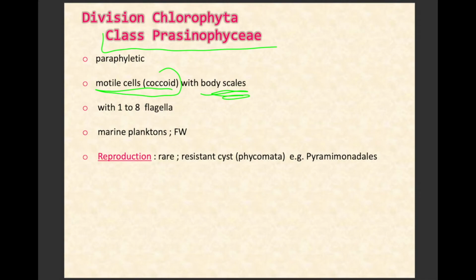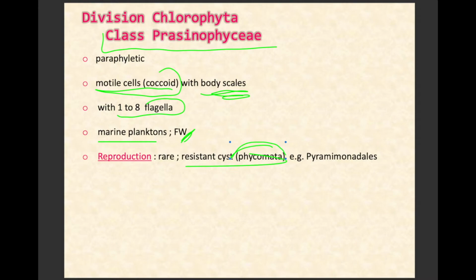They are mostly found in marine environment, but there also are freshwater representative. In terms of reproduction, very rare lang naman to, but they form a resistant cyst called your picomata. Yeah. So these are very resistant cysts that can survive a certain environment, extreme condition.